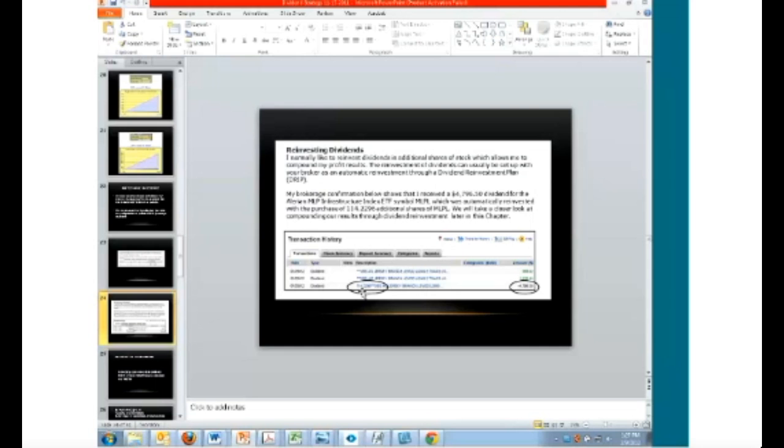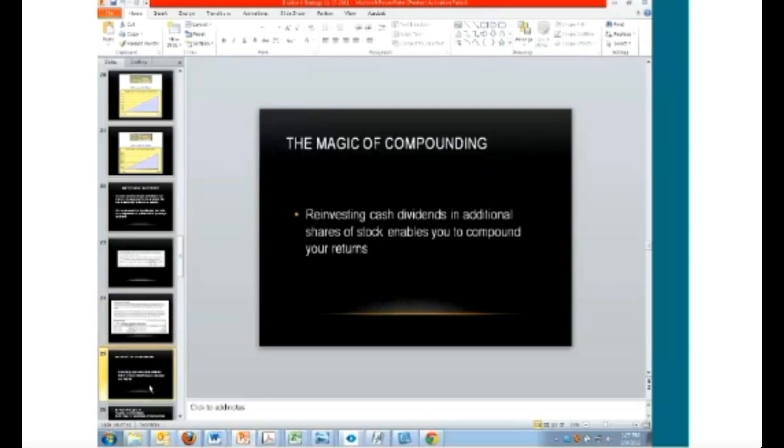So that allows me to compound my returns, and we'll look at an example of how the compounding can really boost your return over time. Again, we can compound our returns by simply reinvesting our cash dividend in additional shares of stock.